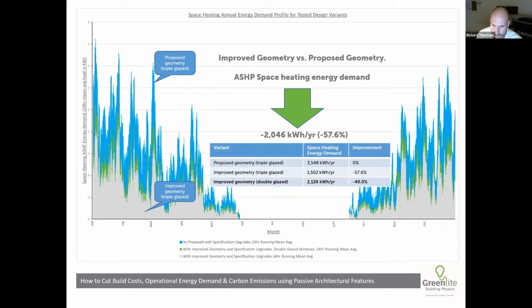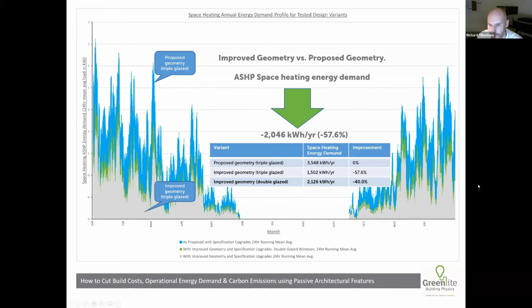So here's the breakdown. With the proposed geometry, with the triple glazing and all the upgrades, we're looking at a space heating energy demand of 3,548 kilowatt hours per year. If we change the geometry, we can more than halve that to just above 1,500.